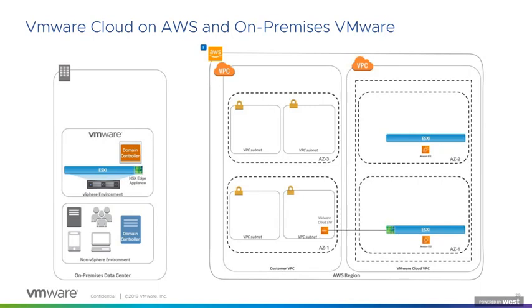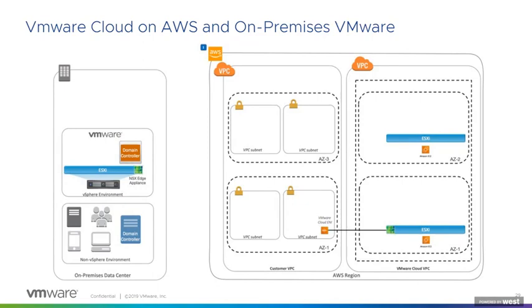You see the VMware Cloud Virtual Private Cloud, VMware Cloud VPC, on the right, and it leverages hosts coming from the AWS EC2 service, Elastic Compute Cloud, and it provides an ESXi hypervisor, along with NSX networking, which provides interconnectivity in the middle piece there through a VMware Cloud Elastic Network Interface.